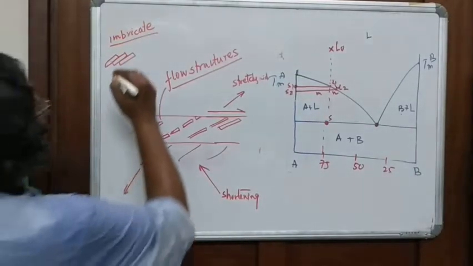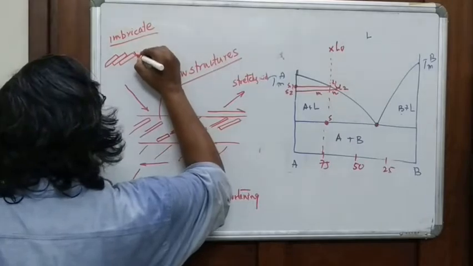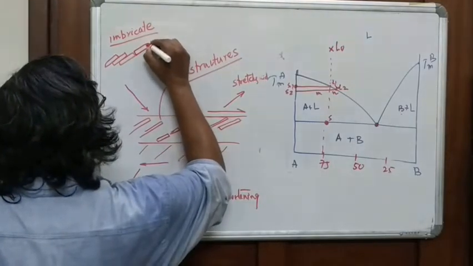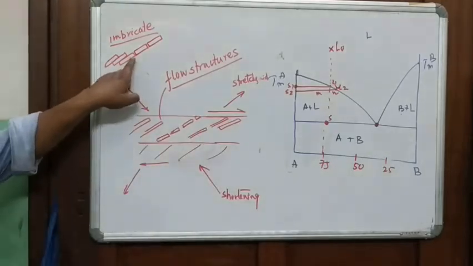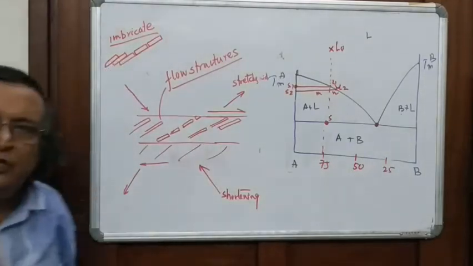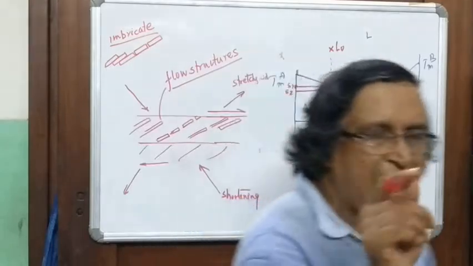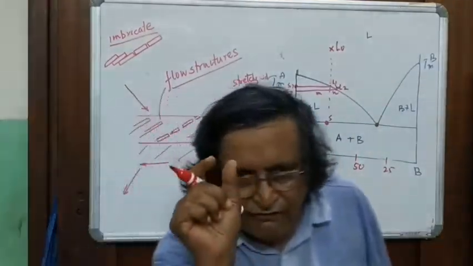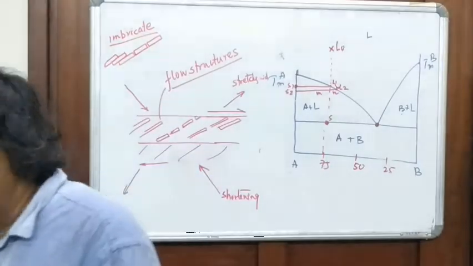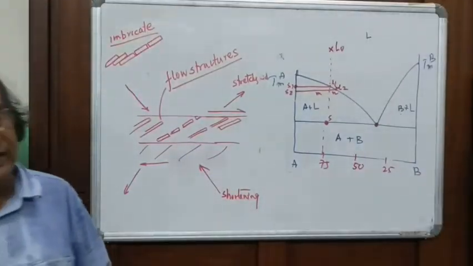Another thing that you see is like this: end to end touching euhedral phenocrysts. So these are two features that you will see.